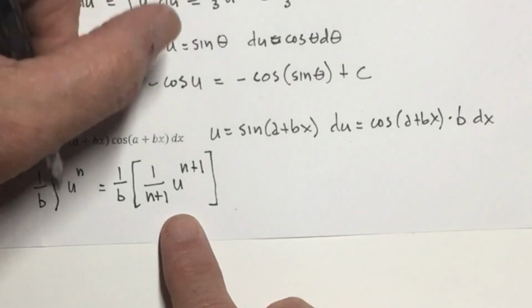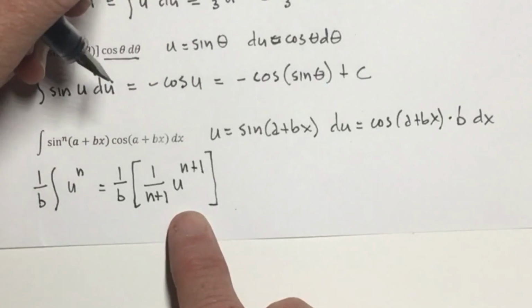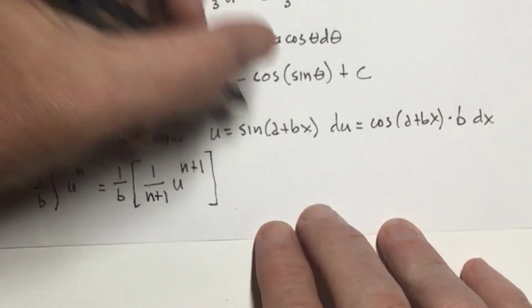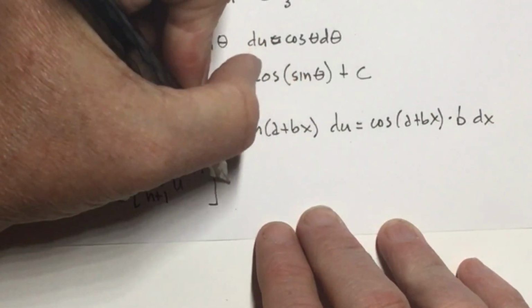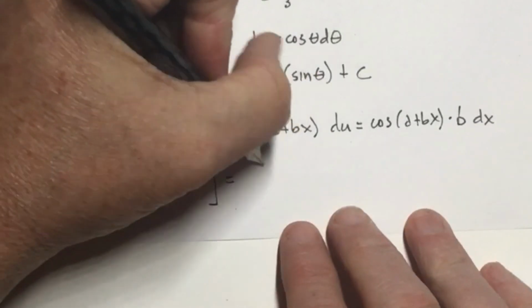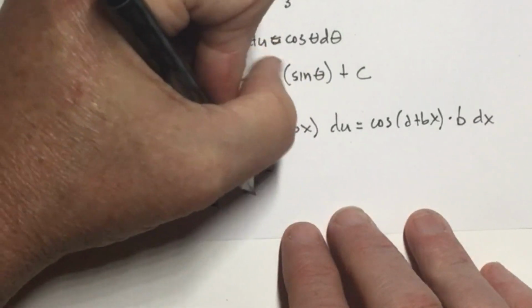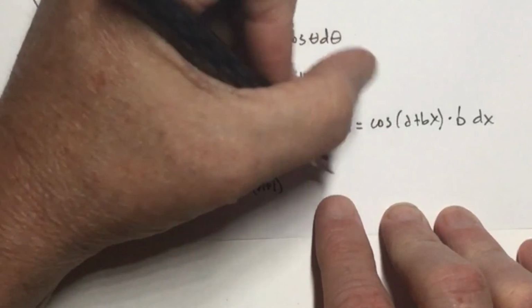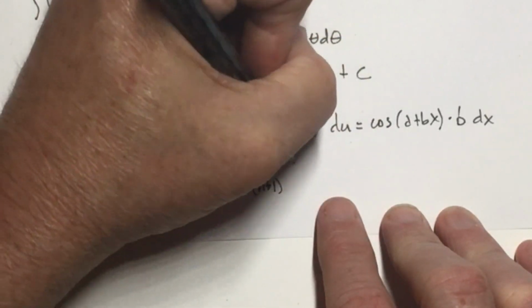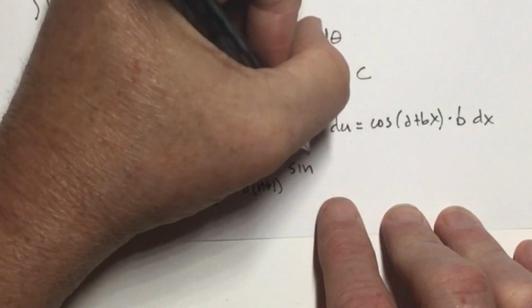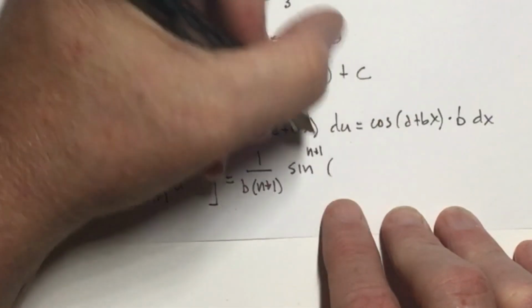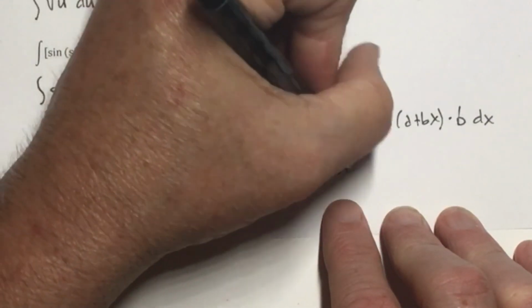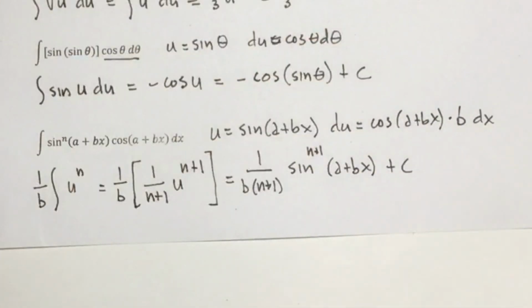Even if you haven't used n's and u's, you've done them with x cubed and all that stuff. You know how to do that. All right, so when I plug everything back in here, I'm going to bring this outside. So I have 1 over b times a quantity n plus 1. And my u is going to be the sine, and this will be to the n plus 1 of a plus bx, and again, finally, plus c.